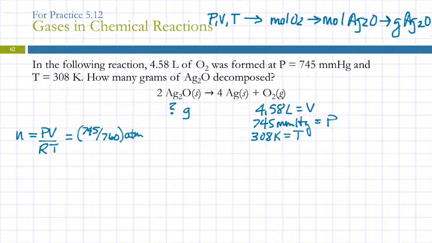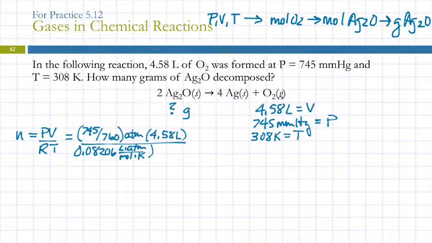If that bothers you, go ahead and do it how we've been doing it. Volume, 4.58 liters, divided by 0.08206 liter atmospheres per mole Kelvin. There's not really a shortcut for that. And then 308 Kelvin.